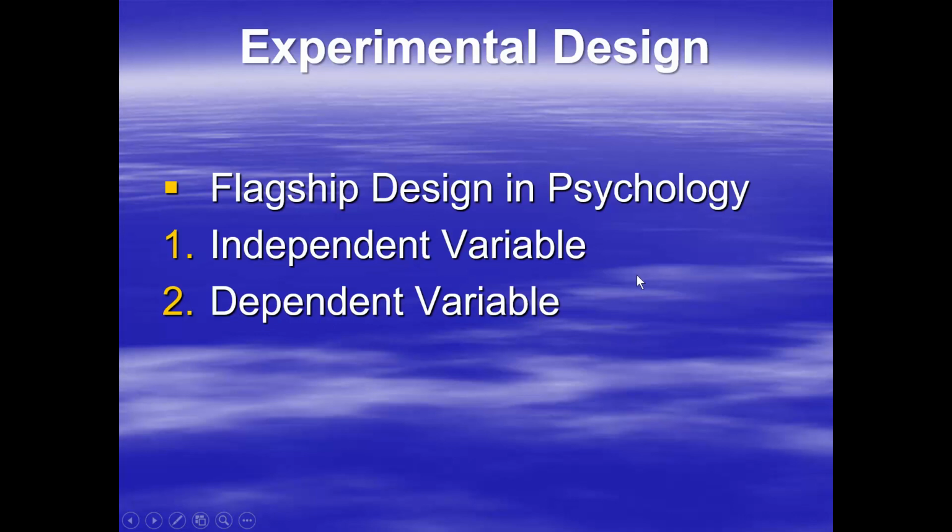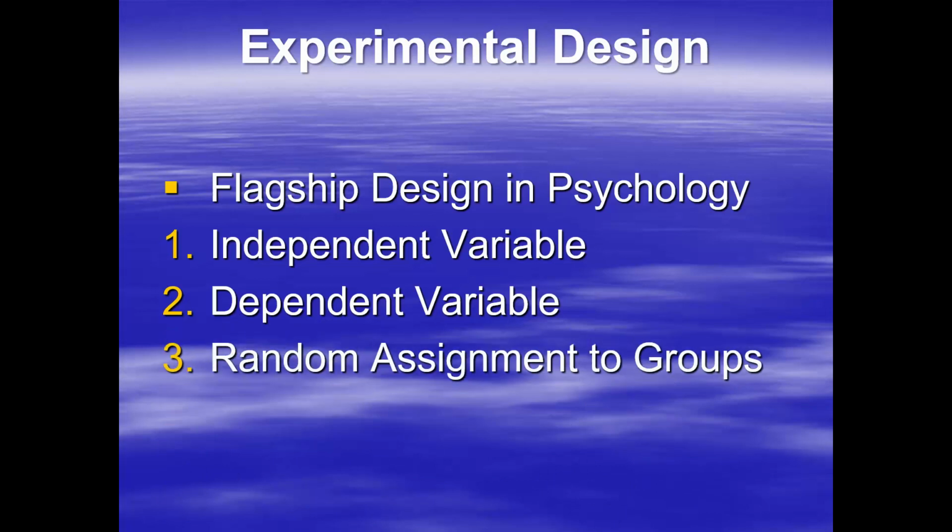So to set this up, let's imagine that we've randomly selected 100 people to participate in our experiment. Once we have 100 subjects, we would then randomly assign them to groups. In other words, I'm going to split them in half, but I'm going to do it randomly.